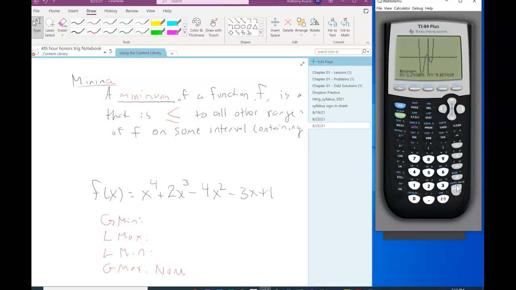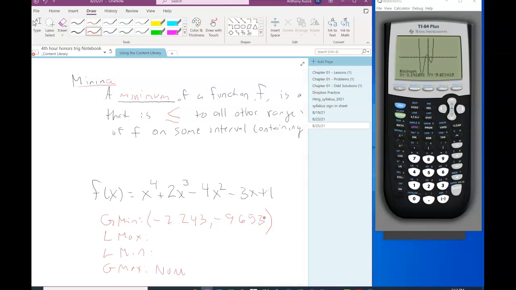And there's my global minimum. I'm going to write that down, rounding to 3 decimal places, because I just don't want to write that many numbers down. Everybody feel good about that? Pretty easy to do, right?